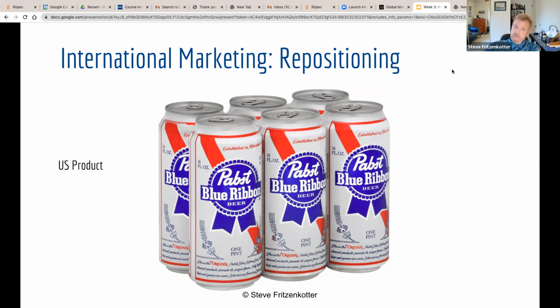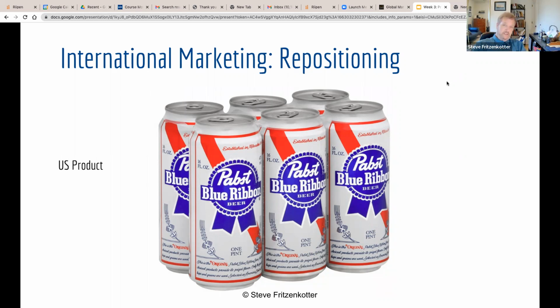It's sort of lost in the marketplace with all the IPAs and all those things that are going on. This traditional product that's been around probably 150 years in the US has really lost its mojo. It's just stuck in the middle.